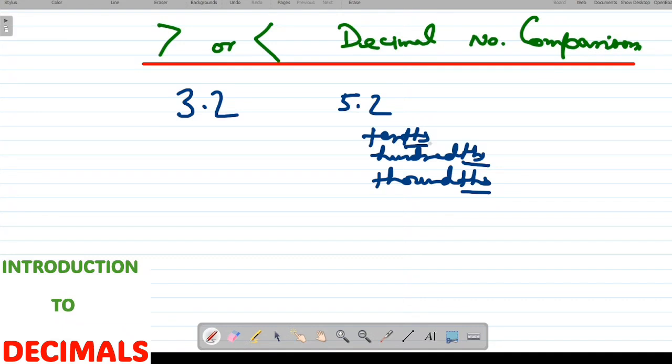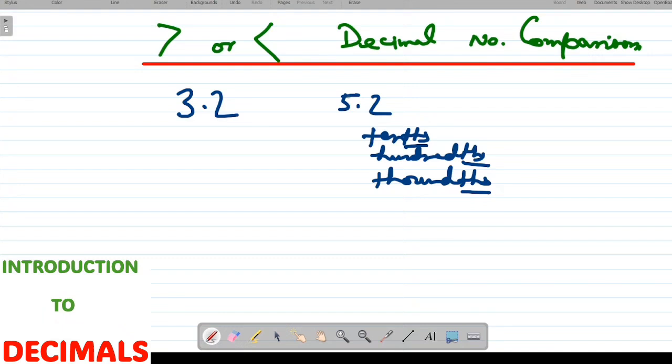As I mentioned in my previous video regarding the decimal concept, you can easily understand the concept of tens, hundreds and thousands. Here you can see 3.2 and 5.2 both have the same places.